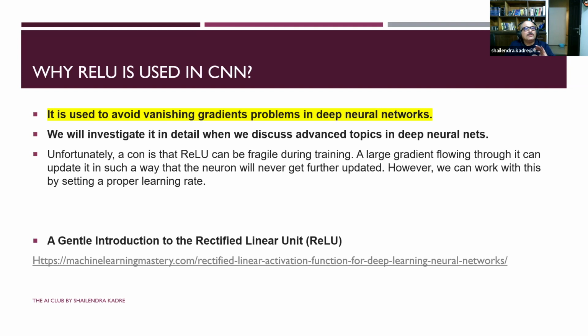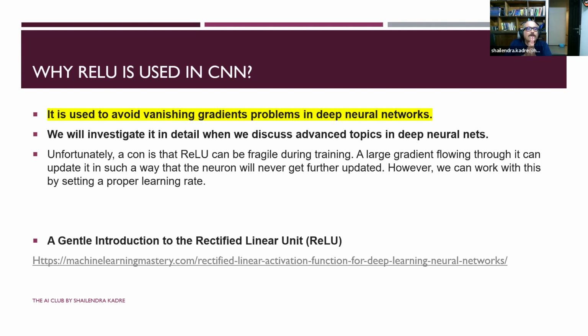After that, going backwards, your weights and biases will not get updated. If your weights and biases are not getting updated, what is the purpose of training? Training will fail because of the vanishing gradient. We'll see this in more detail in a separate class on advanced topics.